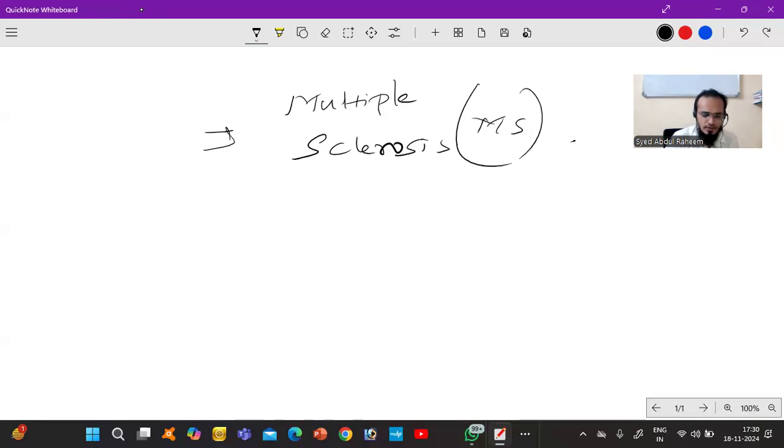In multiple sclerosis, we have the central nervous system. In the central nervous system, we have the neurons.